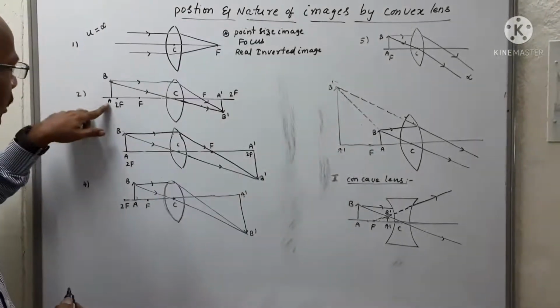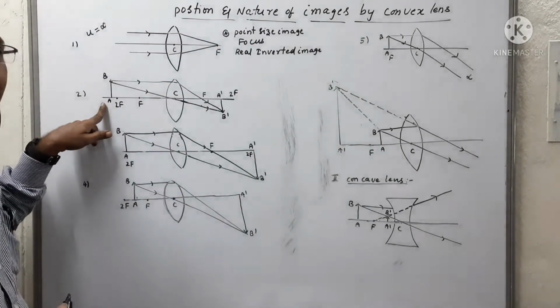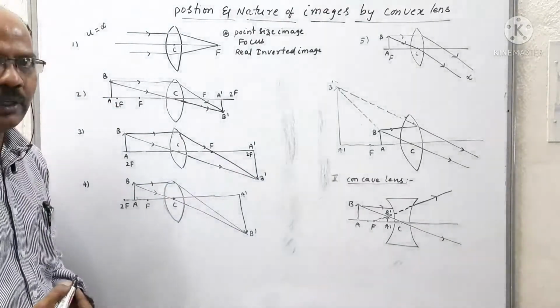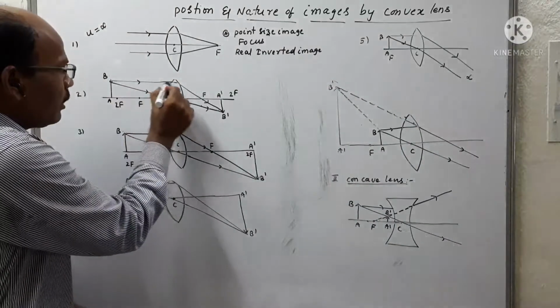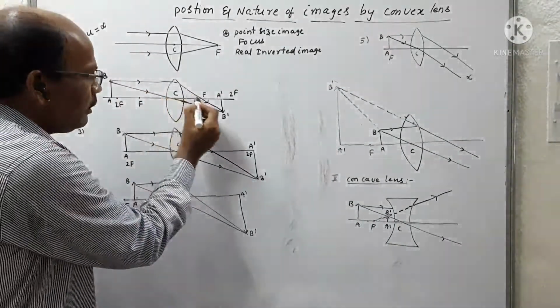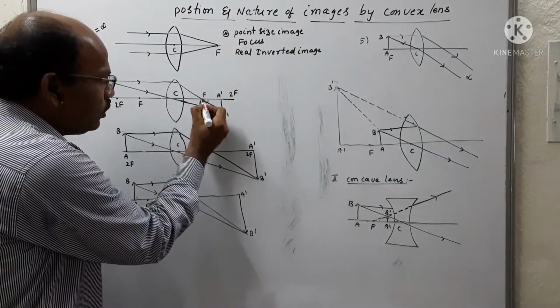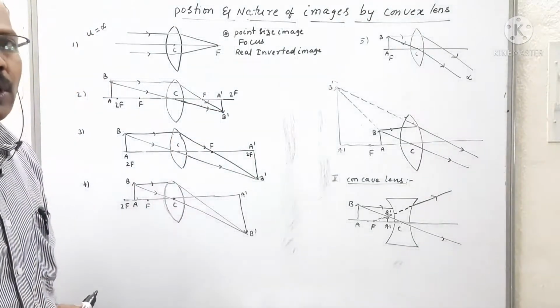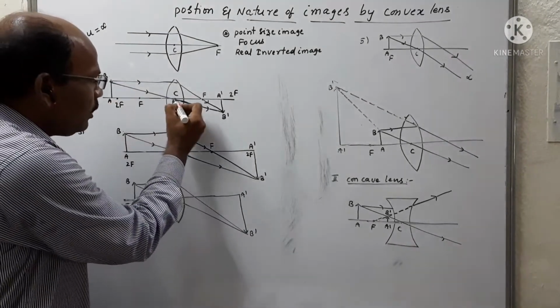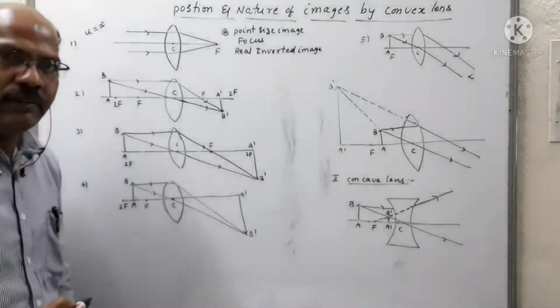Here we are observing that AB is called an extended object which is kept beyond 2f value. Then we take the ray which is parallel to the principal axis. After refraction, it is always passing through focus according to the rule of ray diagram. The another ray is passing through the optical center undeviated.